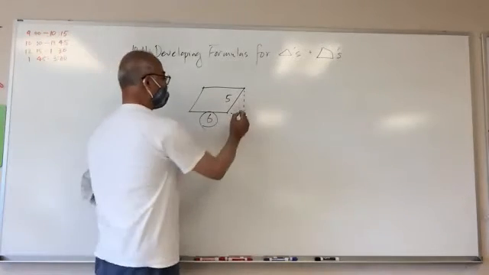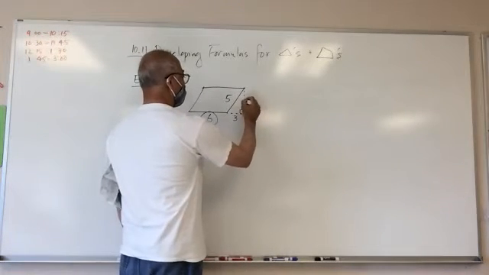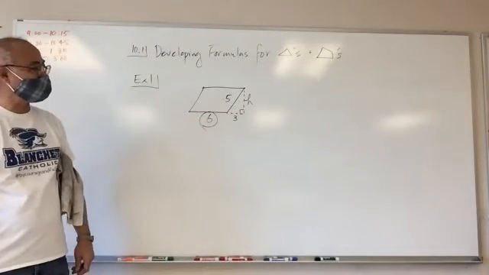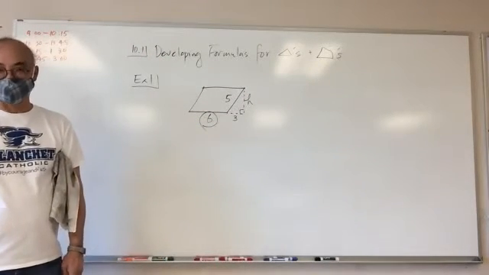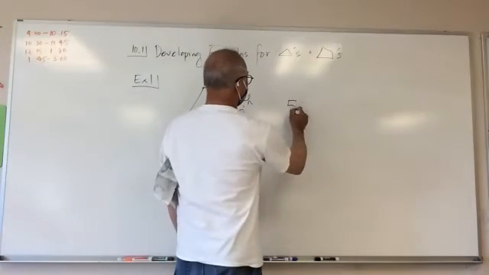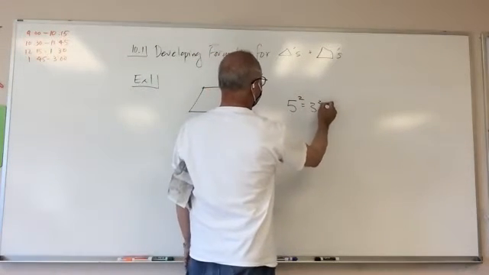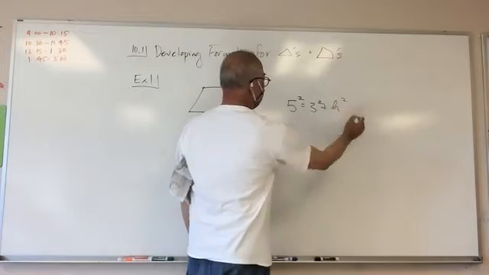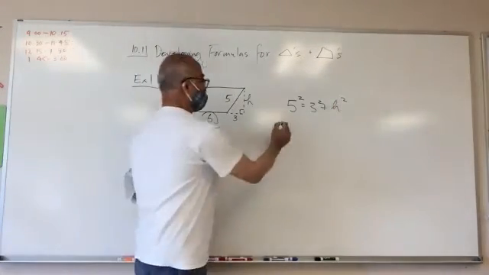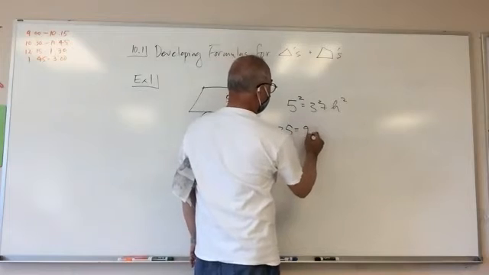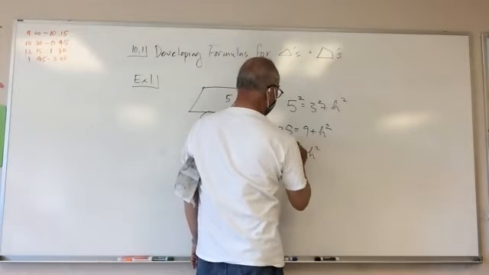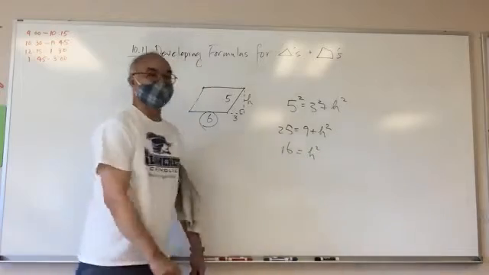Okay. So the height would be this guy right here. Okay. How can I figure out that? Pythagorean theorem. The Pythagorean theorem. 5 squared is equal to 3 squared plus h squared. 25 is equal to 9 plus h squared. 16.